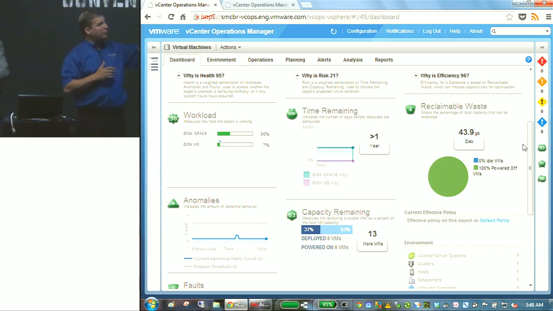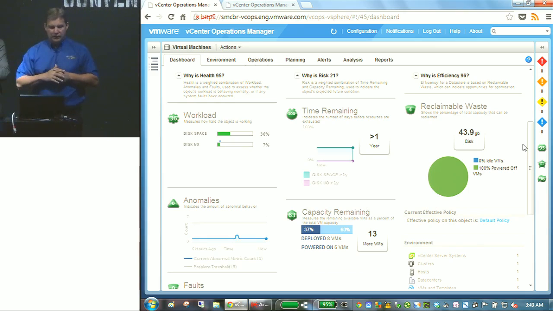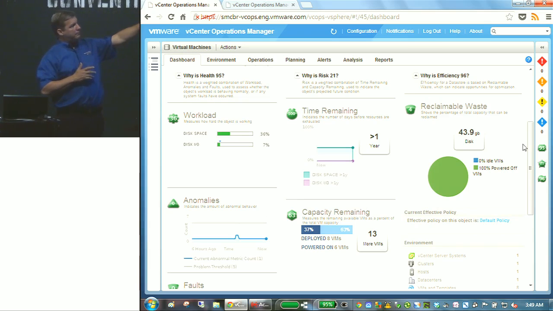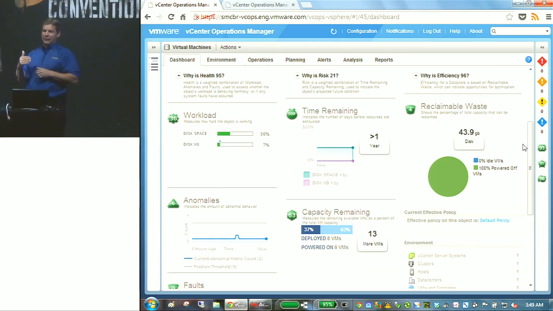And so this anomaly score is how interesting is this object as far as DTs, right? You see on this visual there's a gray line and it says problem threshold 5. That is a calculated noise line. So all objects have metrics that go in and out of their thresholds as expected.